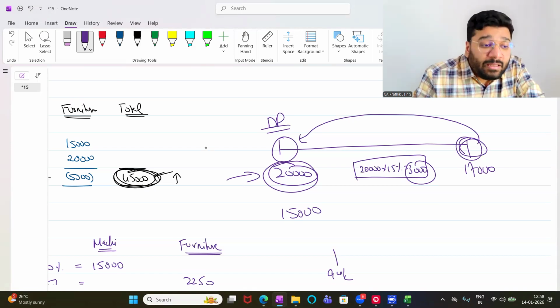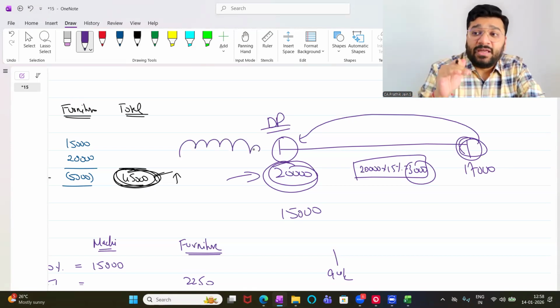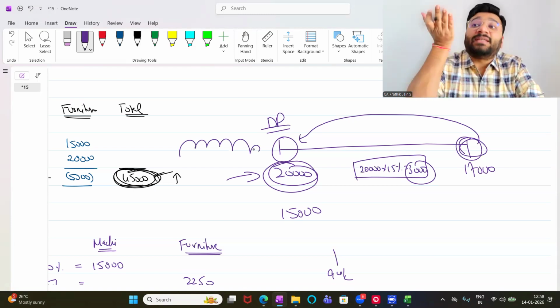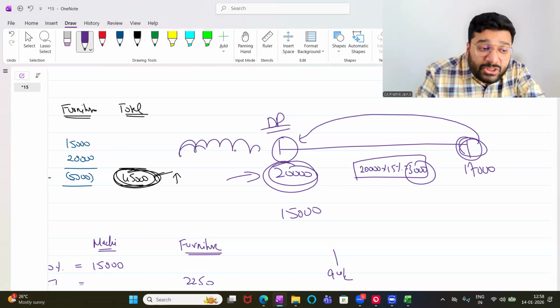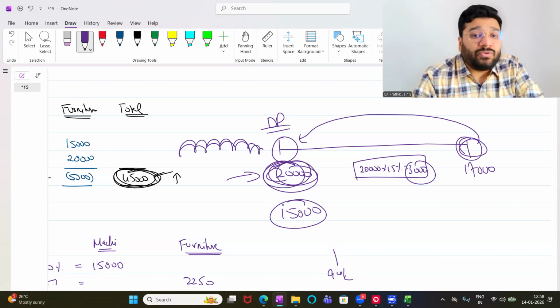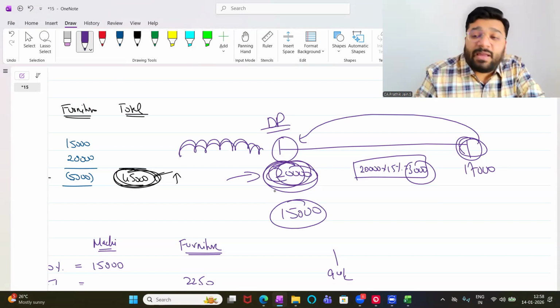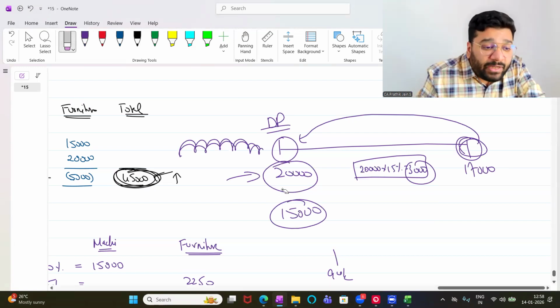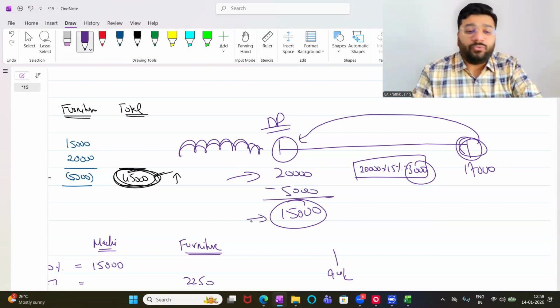Overvalued means that in the past the depreciation charged was less. When you charge less depreciation, the value of the asset is more. So you have charged less depreciation in the past years, hence the value of the asset is more now. Today, if I go and sell this in the market, it will not fetch me more than 15,000. So I have to reduce the value of the asset by 5,000 rupees. So this is my true value.